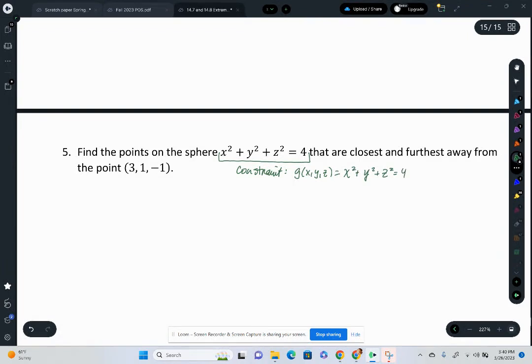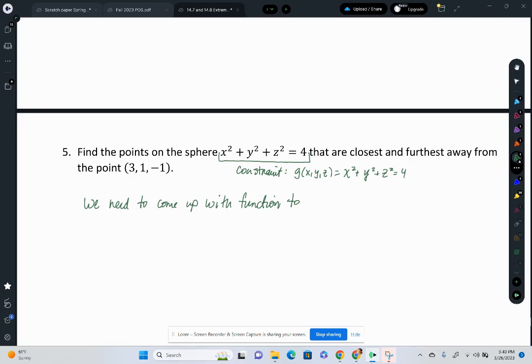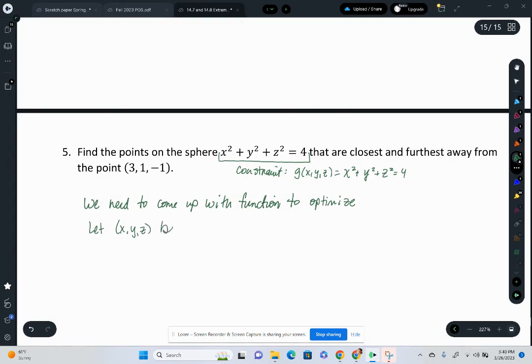We have to come up with the function to optimize. That function has to do with distance because that's what we're being told to find. So let's let (x, y, z) be any point on the sphere.